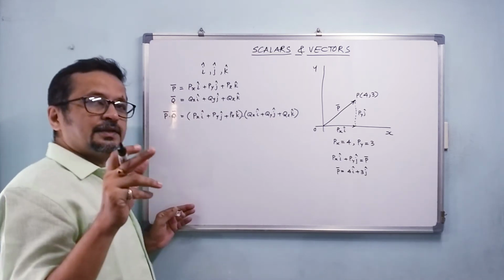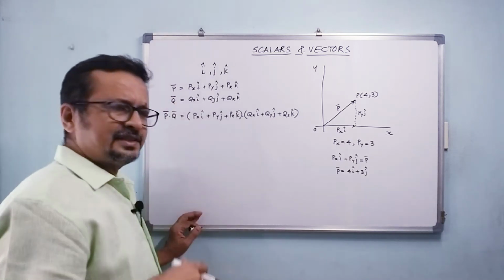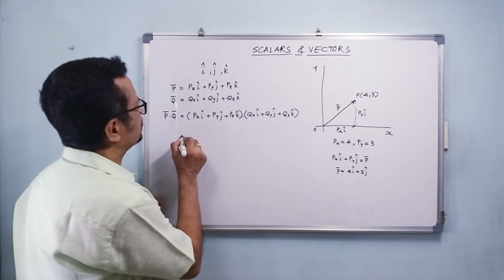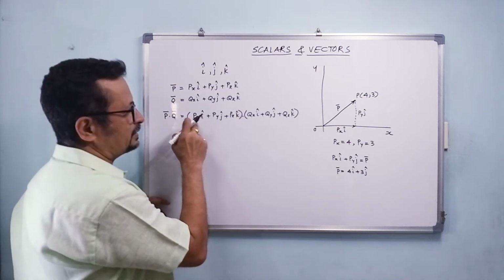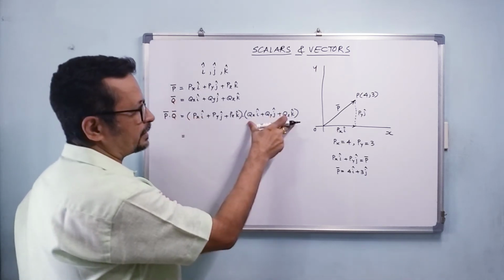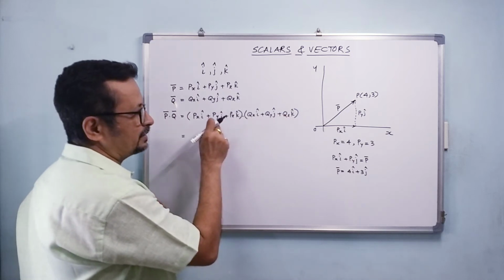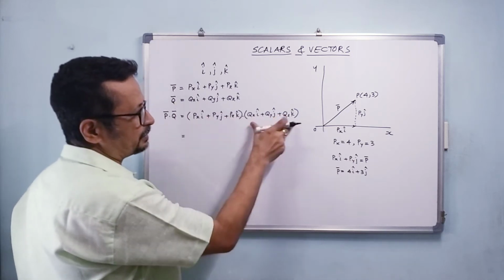Now what? We know that this scalar product is distributive. So I will multiply the first vector with this entire vector, then add the second vector multiplied by it, and the third multiplied by it.